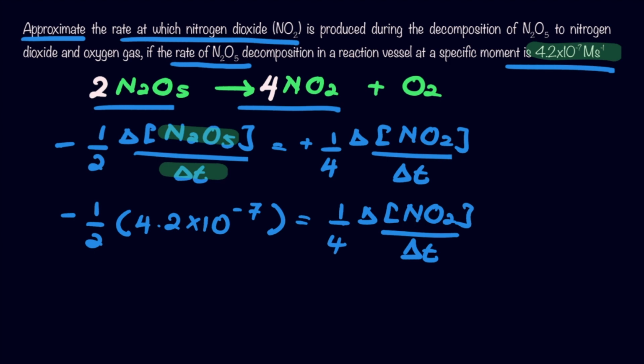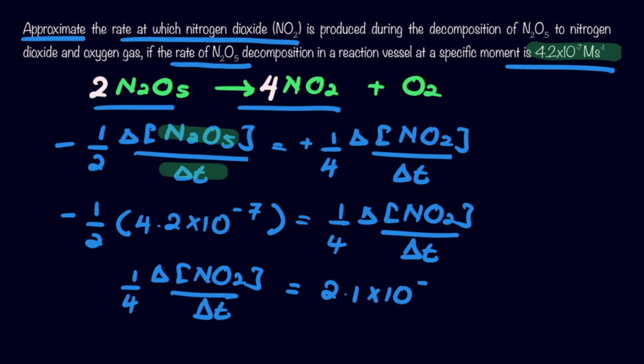So we're going to settle this part first. So we can say that 1/4 delta concentration of NO2 over delta t is equivalent to 2.1 times 10 to the power of negative 7.